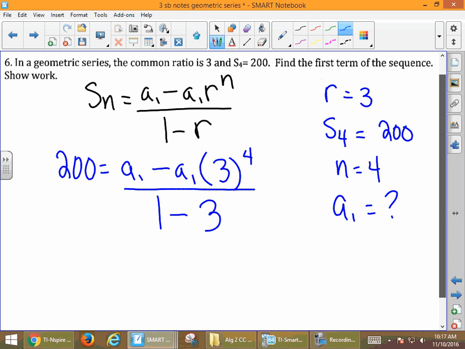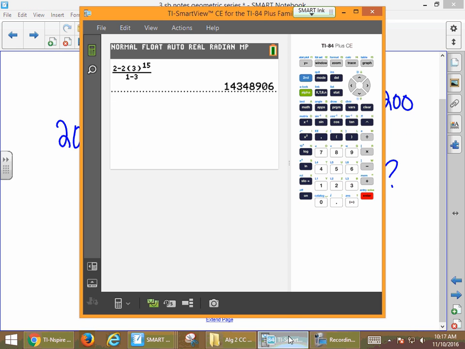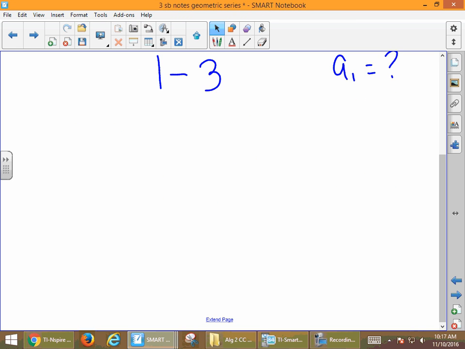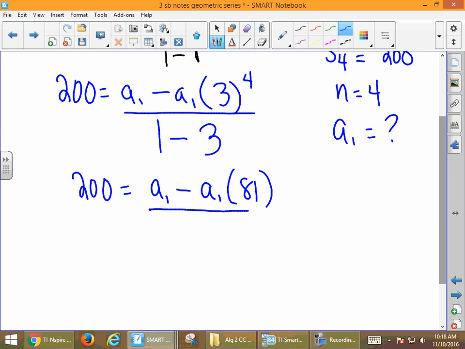And we can simplify this a little bit. 3 to the 4th is 81. So we've got 200 equals A sub 1 minus A sub 1 times 81 divided by 1 minus 3, which is negative 2.